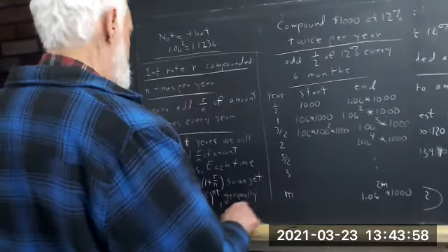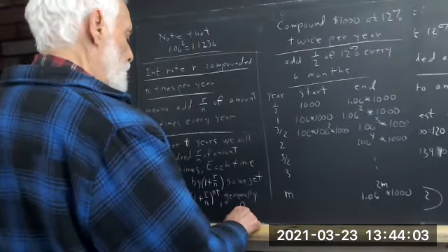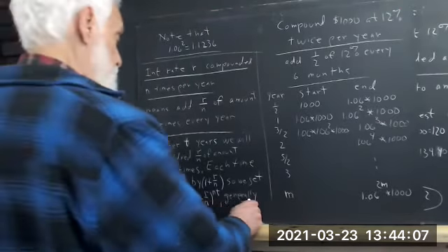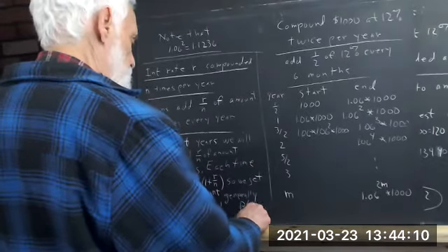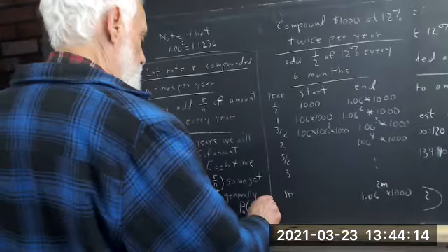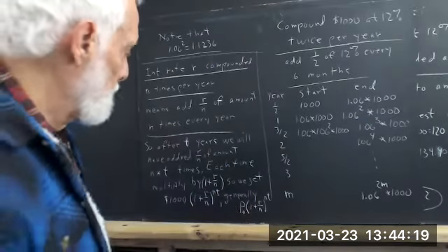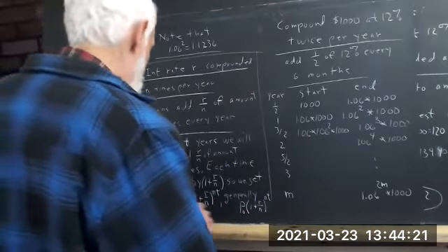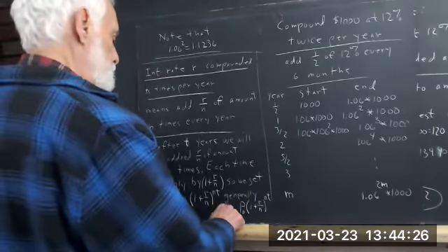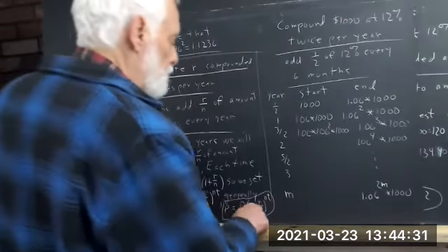More generally, I'm going to use t sub 0 for whatever we start with. And we get this. And we'll call this P. Here's our general formula.